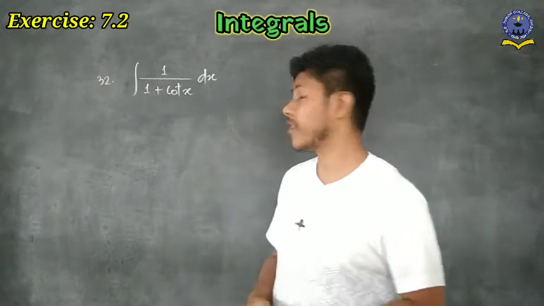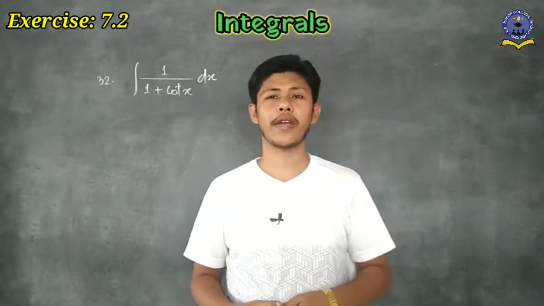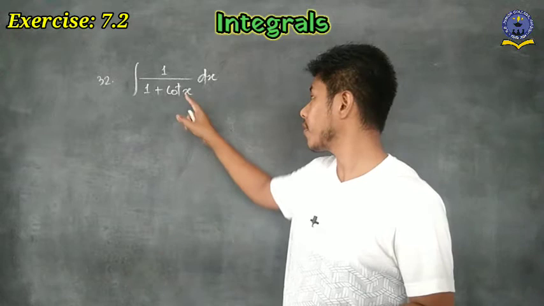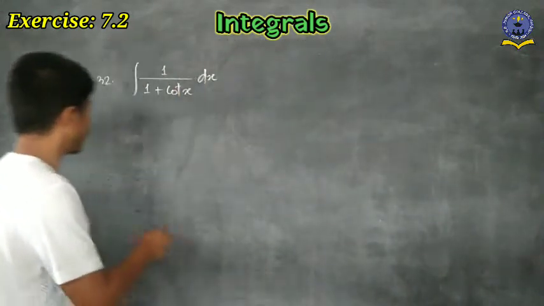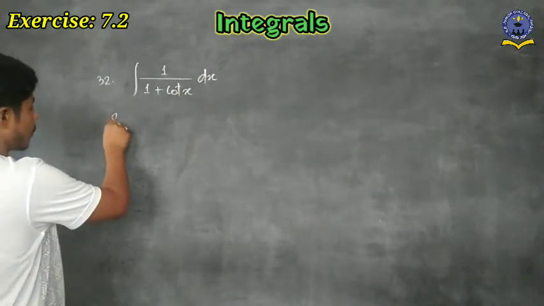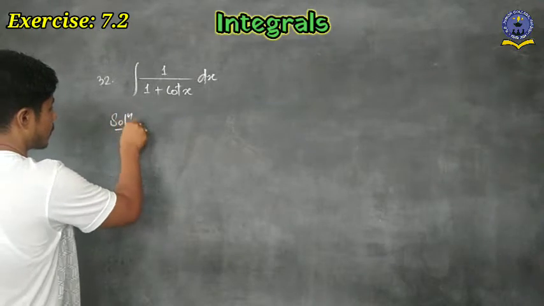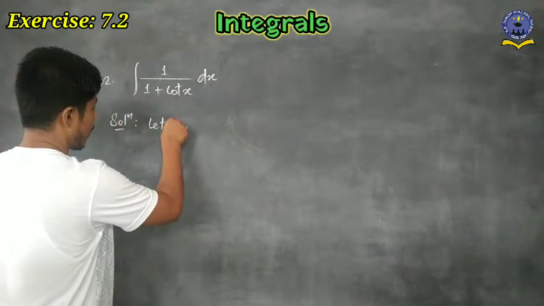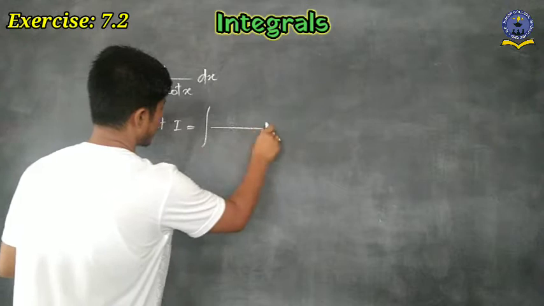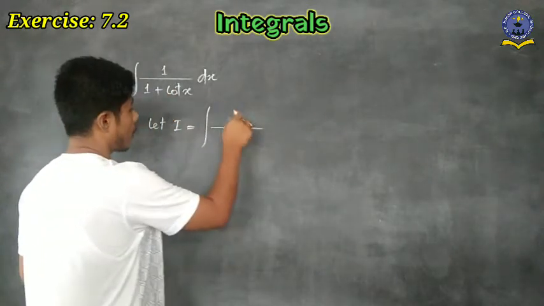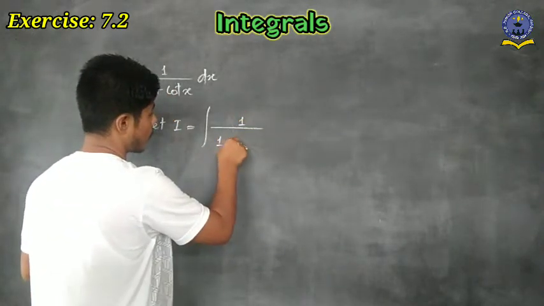In case of trigonometric functions, sometimes we have to arrange the question properly. So now in place of this cot x, what we can write? When we start the solution, we write: let I equal to integration of 1 by 1 plus cot x.